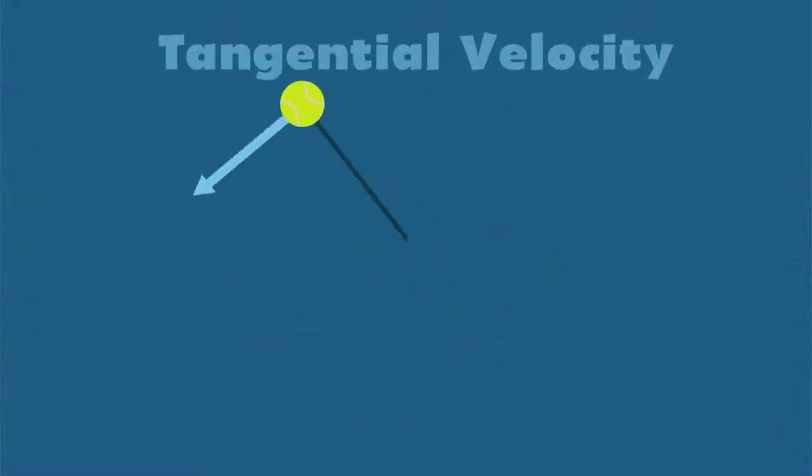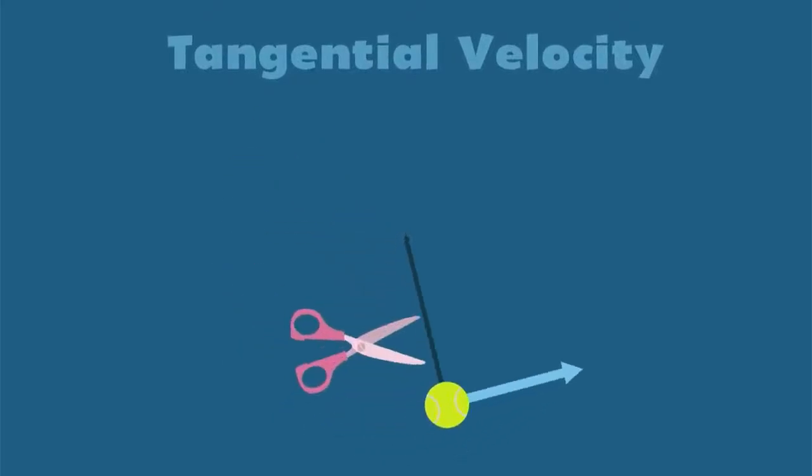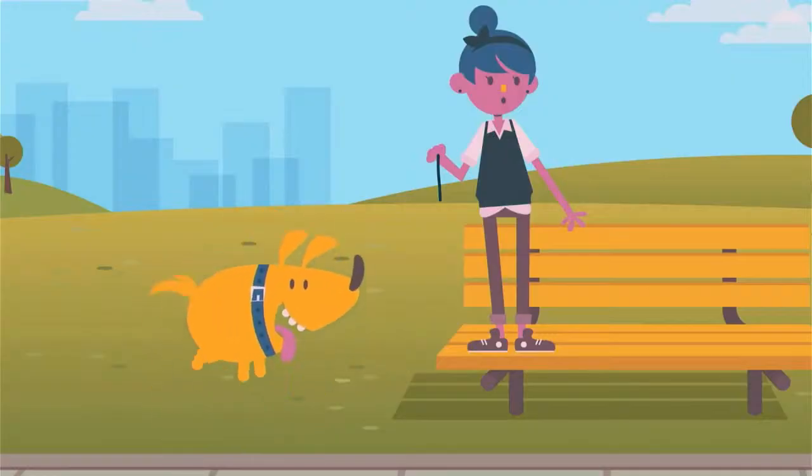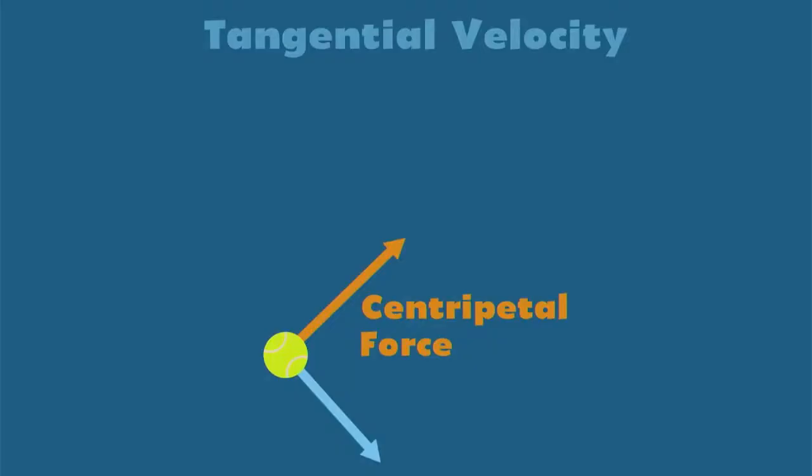The ball has a tangential velocity, so if you suddenly cut the string, it would fly off in whatever the tangential direction was at the moment you made the cut. But assuming you don't cut the string and you keep swinging, the ball's tangential velocity is constantly changing directions. This means the ball is accelerating, and the reason it's accelerating is due to the centripetal force.